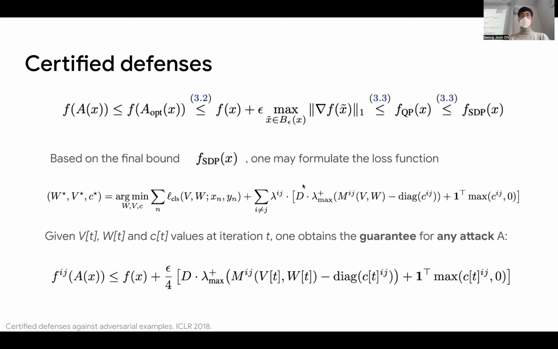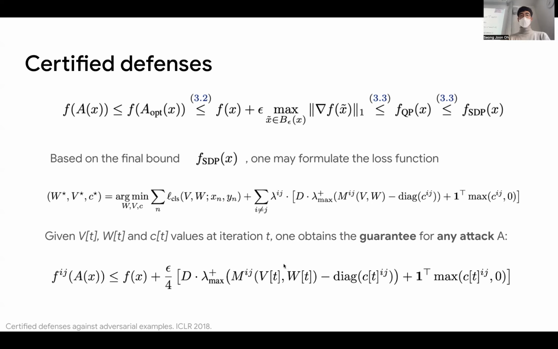So for example, if you train with this objective, then you're going to get V, W, and this additional variable C. And these values will make sure that the loss after any attack is bounded from above by this value here. It's not a very tight bound anyway, or it probably requires a very small value of epsilon to be tight.